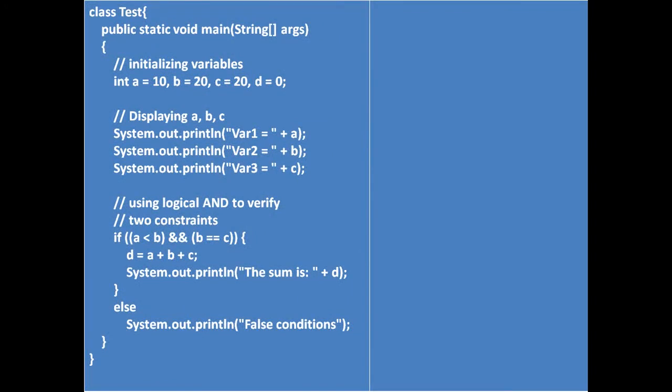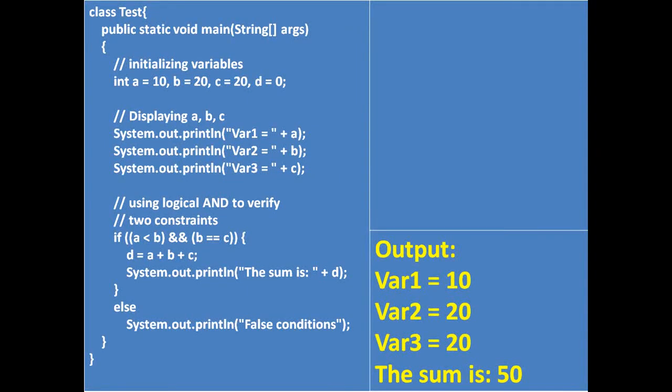So here is the example. Let's see this example practically. In this program we have defined A, B, C, D values as 10, 20, 20 and 0, and first we are printing the A, B and C values, and we are performing the logical AND operator.